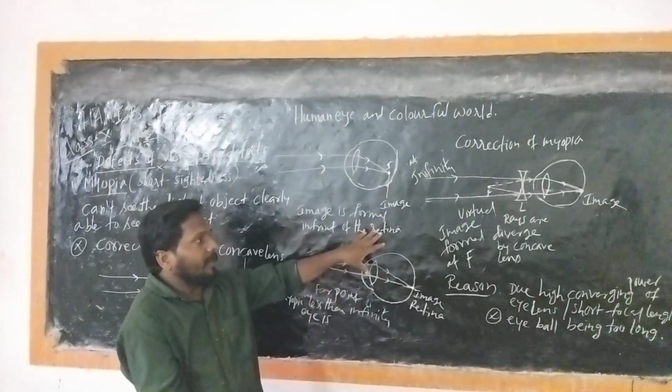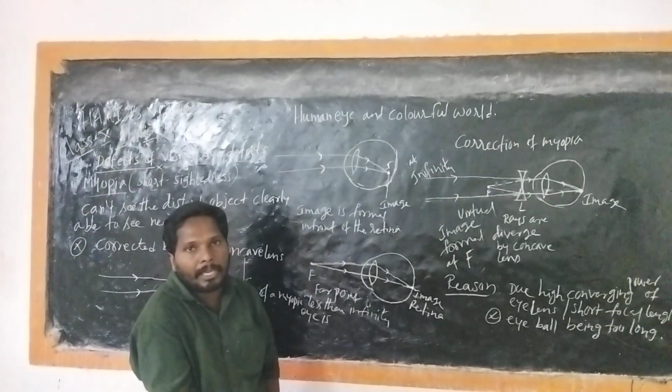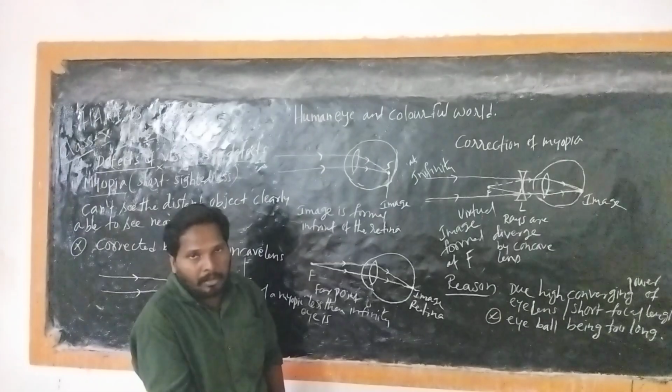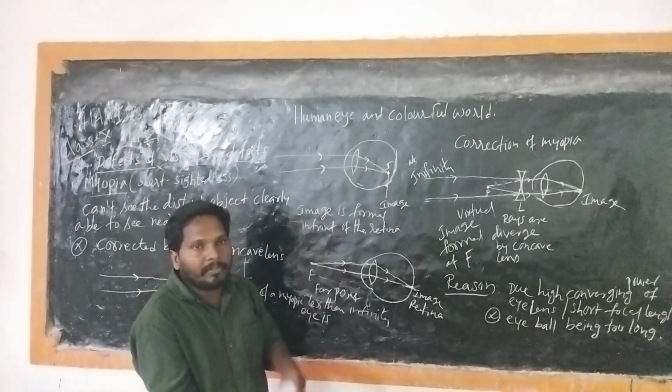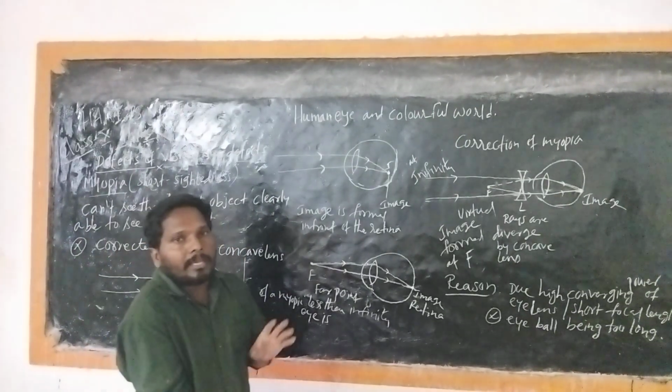Now in this way, by using the concave lens, we are able to correct myopia, the defect of vision. Myopia is an eye defect.